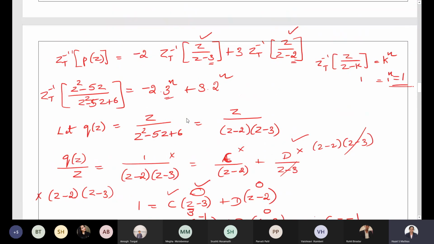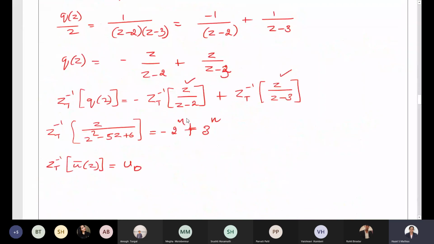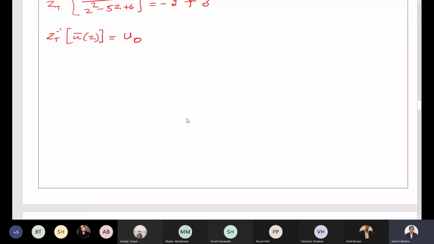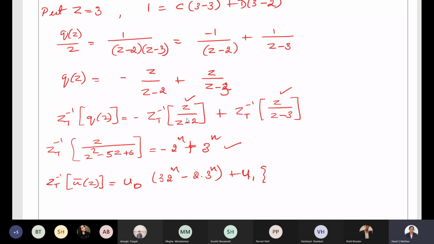What is the inverse z transform of P of z? Here it is. It is 3 into 2 power n minus 2 into 3 power n, plus u1 into the term whatever we got just now, this one: 3 power n minus 2 power n.